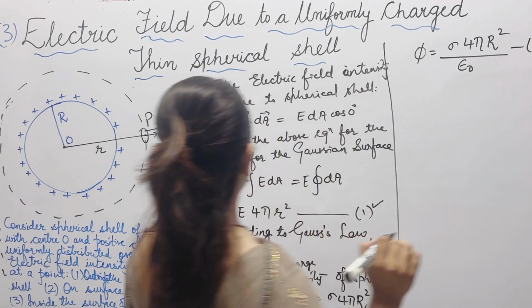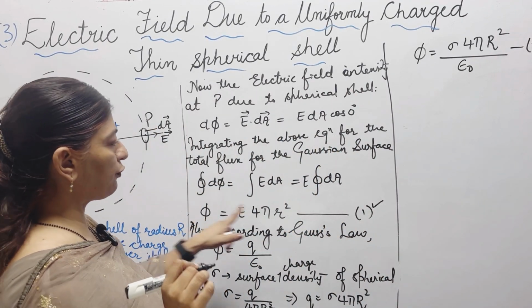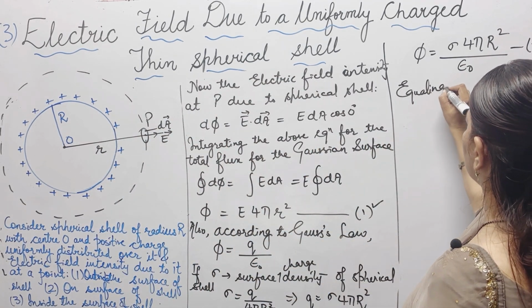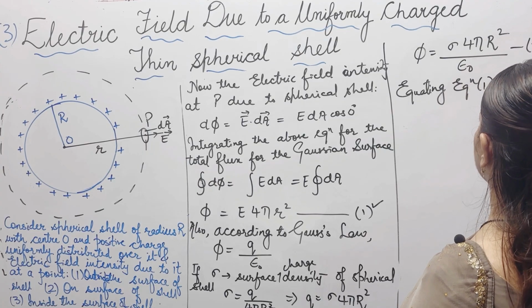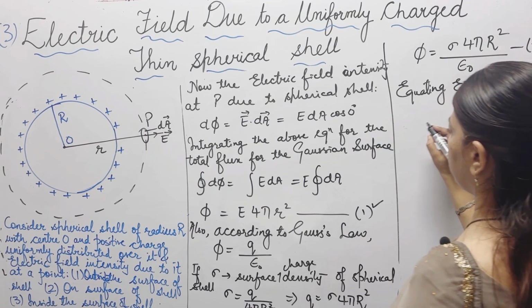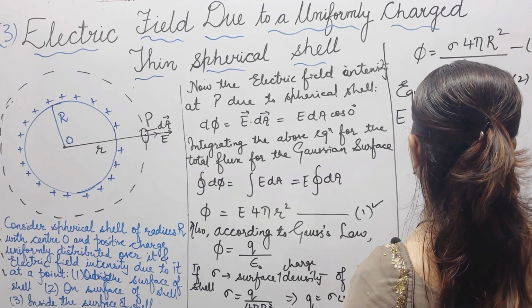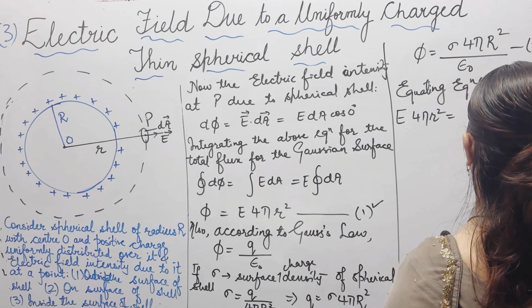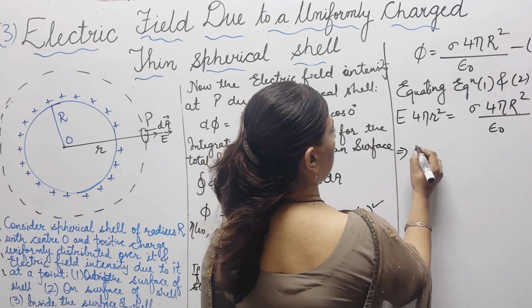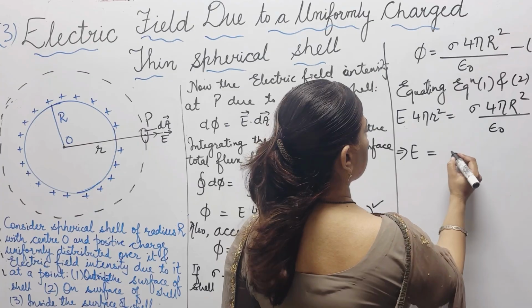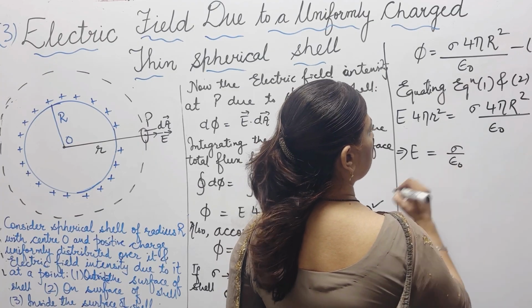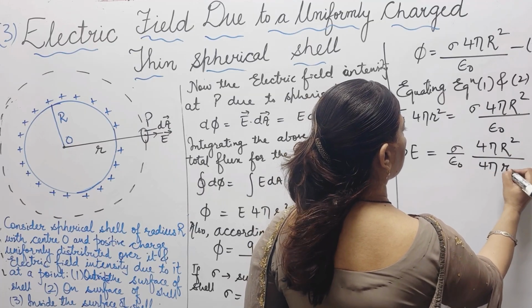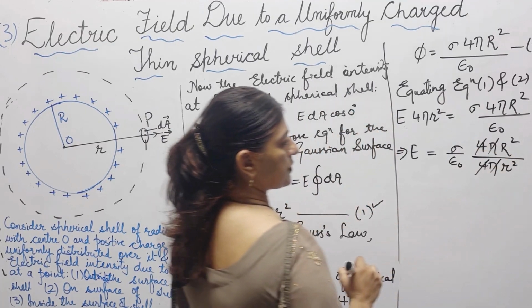Now the electric flux can be equated from equation number 1 and equation 2. Equating equation 1 and 2, we have E 4 pi small r square is equal to sigma 4 pi R square over epsilon naught. From here we get electric field intensity E equal to sigma by epsilon naught times 4 pi R square over 4 pi r square. The 4 and pi cancel out.